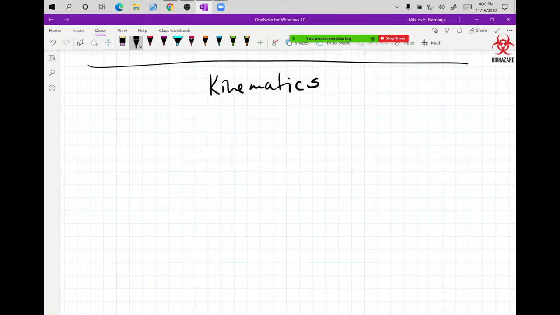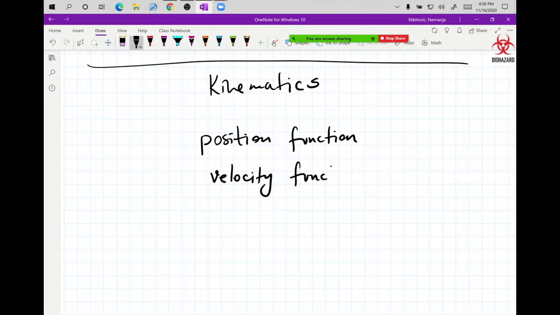you have a position function. Make sure you're doing this in the middle of the paper. You have a velocity function, and you have an acceleration function.